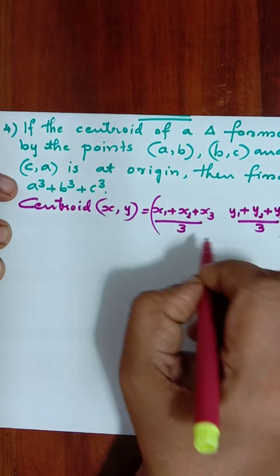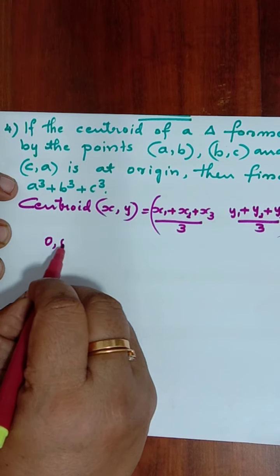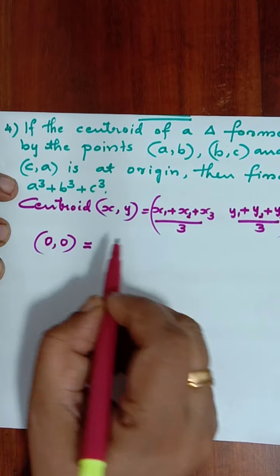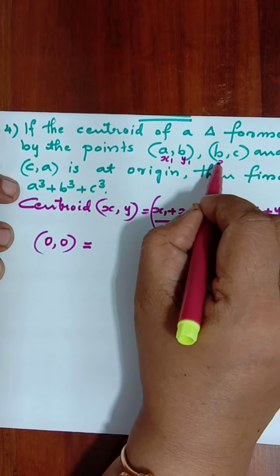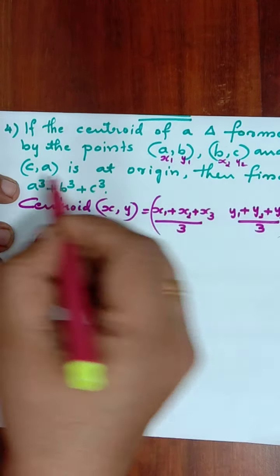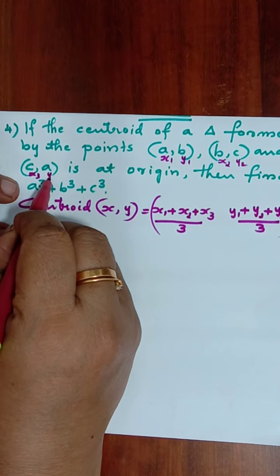So centroid is at the origin, it seems. Origin is 0, 0. That's equal to, this is our x1, y1, second one x2, y2 and third one x3, y3.